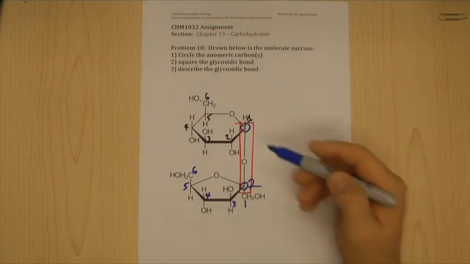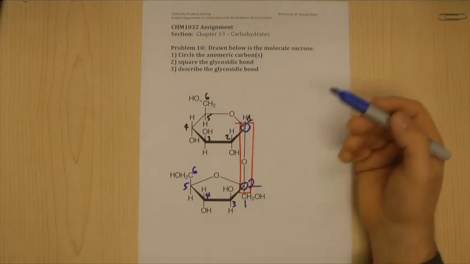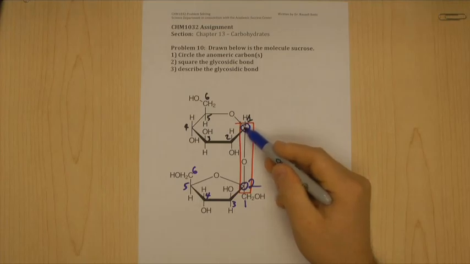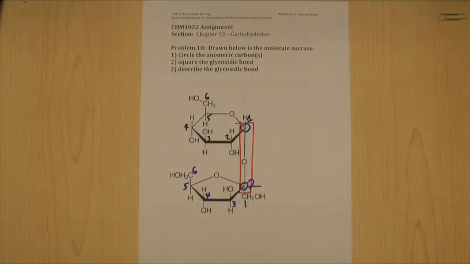Okay? Now, to describe this glycosidic bond, we have to now tell if it's alpha or beta. And to do that, we have to find the anomeric carbon. But now, wait a second now. This anomeric carbon and that anomeric carbon are both part of the glycosidic bond. Things just get more complicated as we go along, don't they?